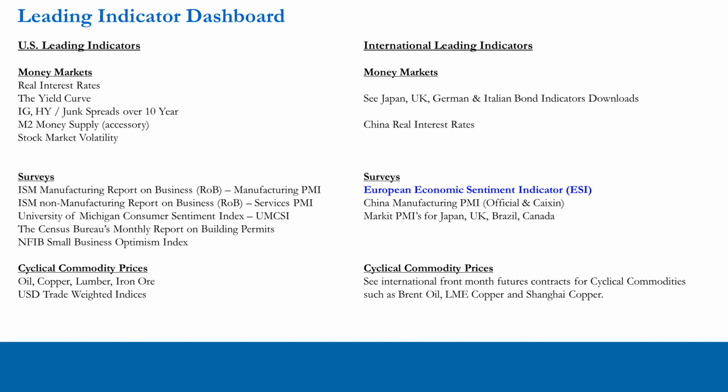So for Japan, UK, Germany, and Italy. And also you will find Chinese real interest rate data. What we're going to be doing in the next video is covering China.